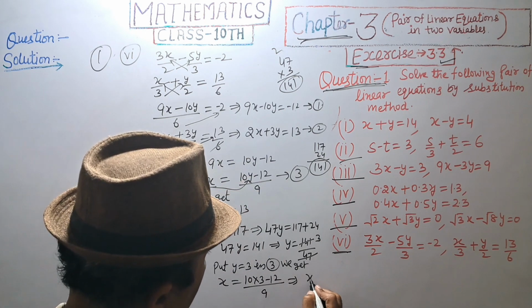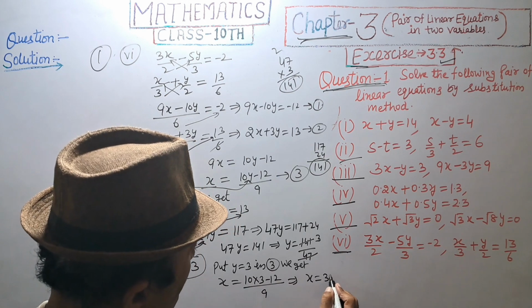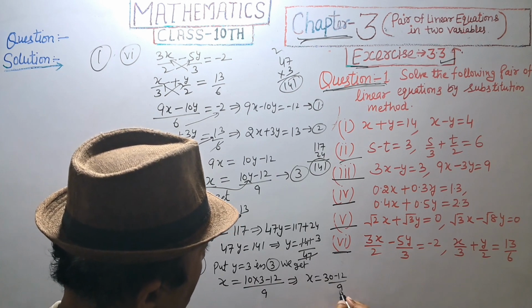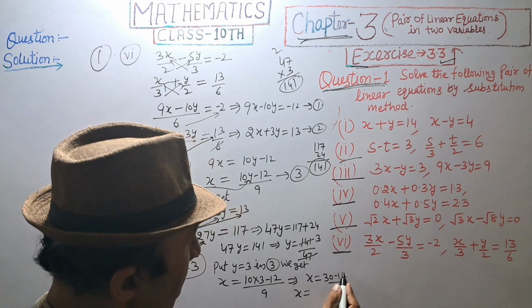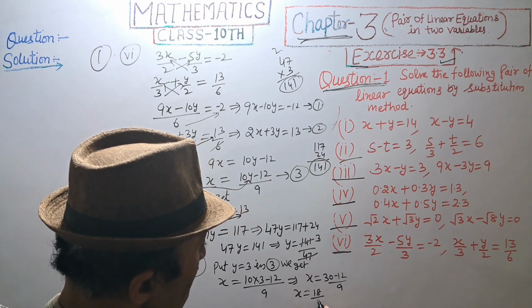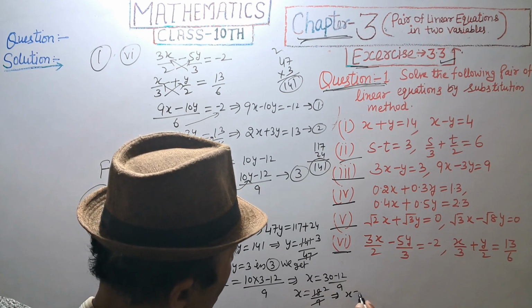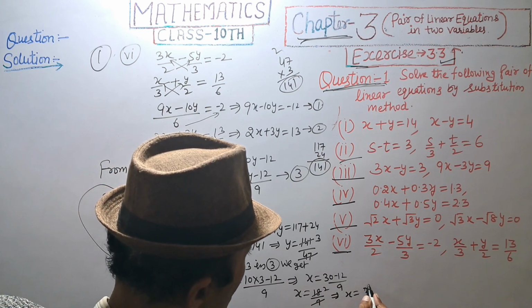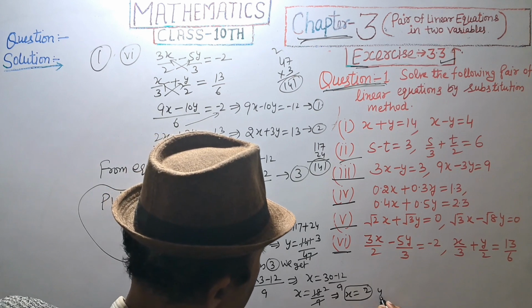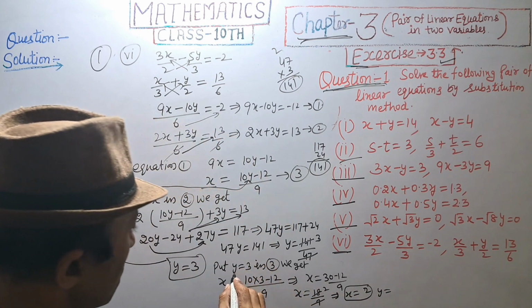This implies x is equal to 30 minus 12 upon 9, that is 18 divided by 9. 9 2s are 18. So we get the value of x is equal to 2 and y is equal to 3.